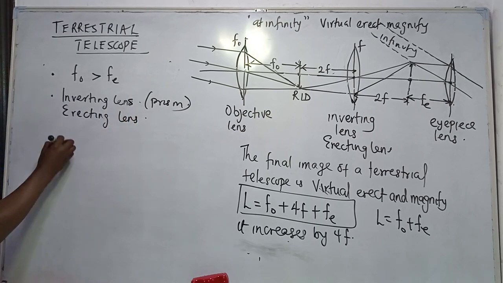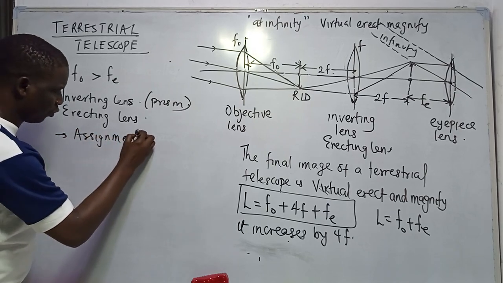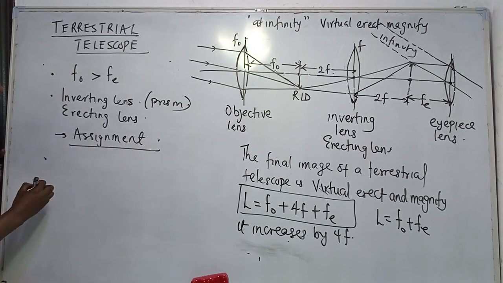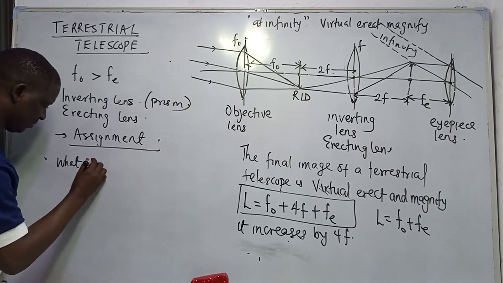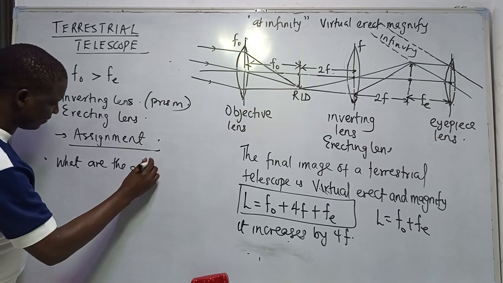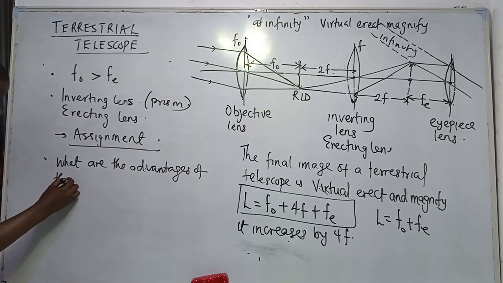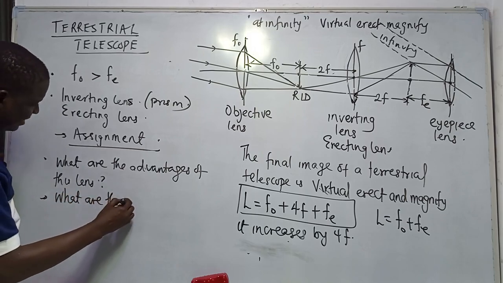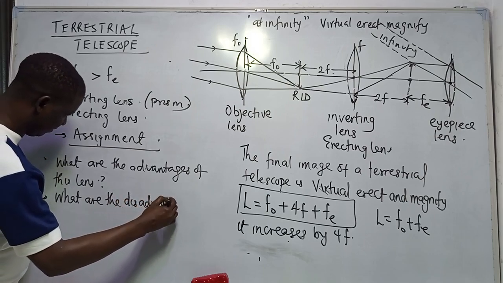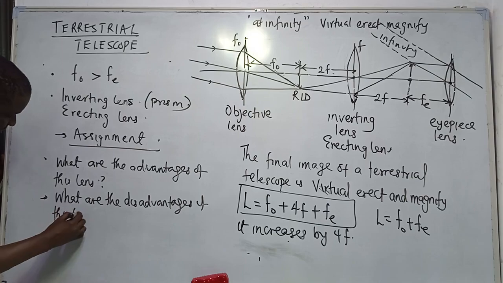So the only assignment I want to give us here, because I don't want to waste too much time: what are the advantages of this lens, the terrestrial telescope, and what are the disadvantages of this lens?